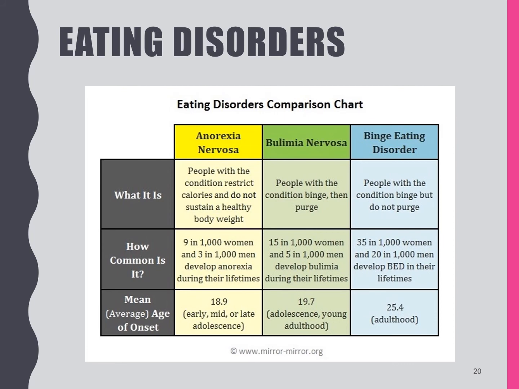And then binge eating disorder is also talked about here in this image, where there are certain instances where there is binge eating, but there is no purging, and that seems to be a bit more common. Then lastly, there is obesity, which has become an epidemic in the United States for sure.